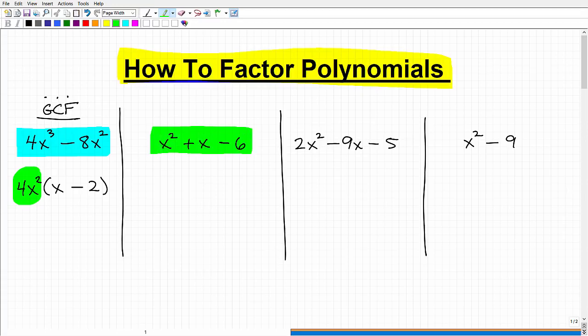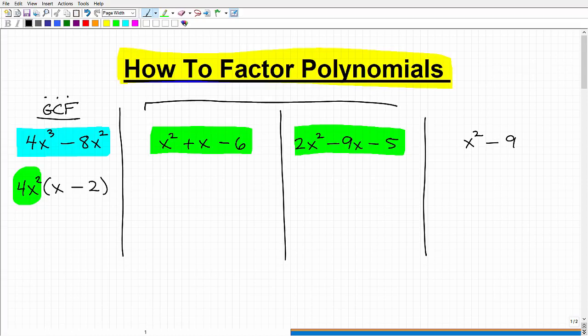There's three terms, but there's no greatest common factor. This is also a trinomial. There's three terms, but there's no greatest common factor. And the difference between these two trinomials is this one is just a 1x squared, there's just a 1 in front of it, and this has a number other than 1. So here in this example, this is 2. And what we have here are trinomials.